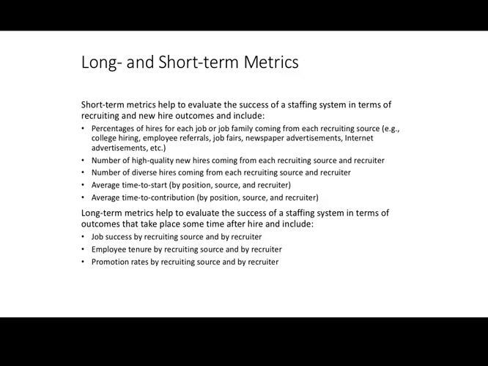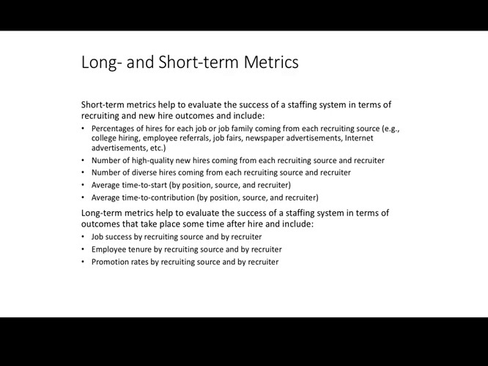Along with KPIs and leading and lagging indicators, we want to look at short-term and long-term metrics. Short-term metrics help us to evaluate success in a very short time frame, particularly with new recruits, new hires, etc. So we look at the quality of new hires, the number of diverse hires coming from each source, the percentage of hires for each job family coming from certain sources.